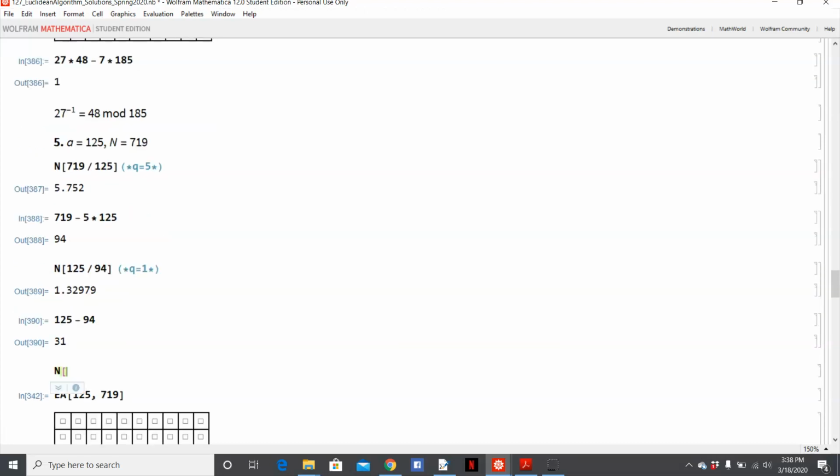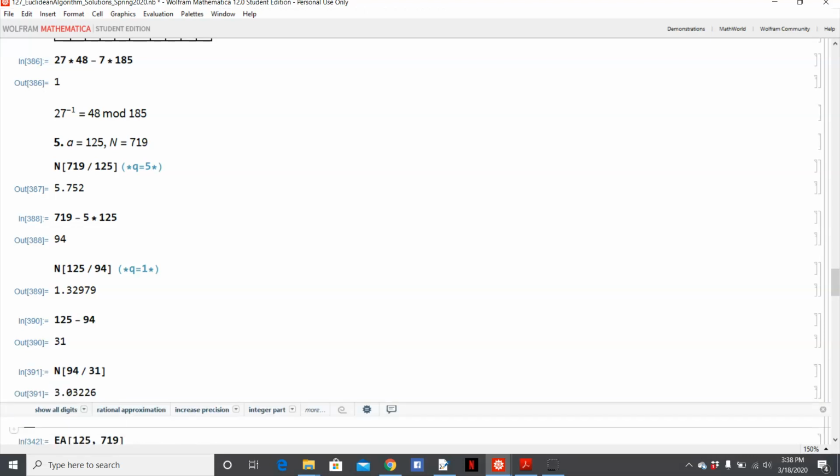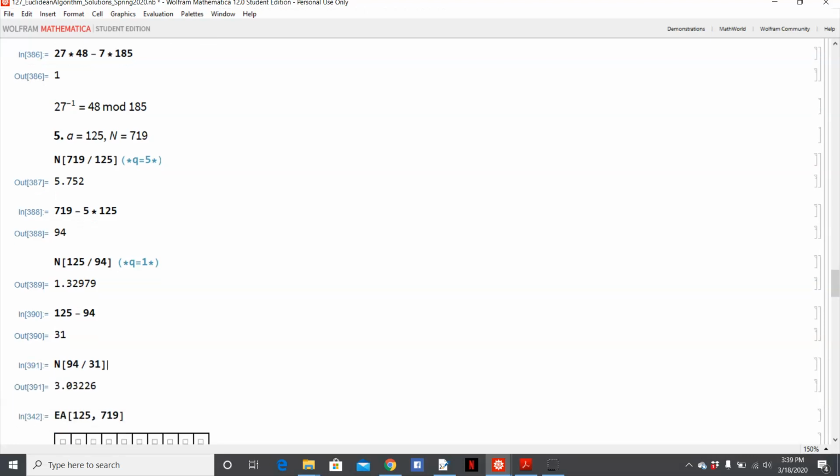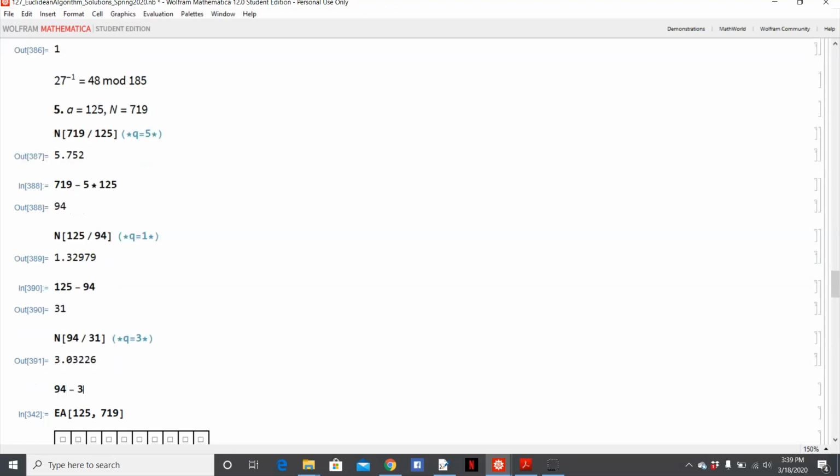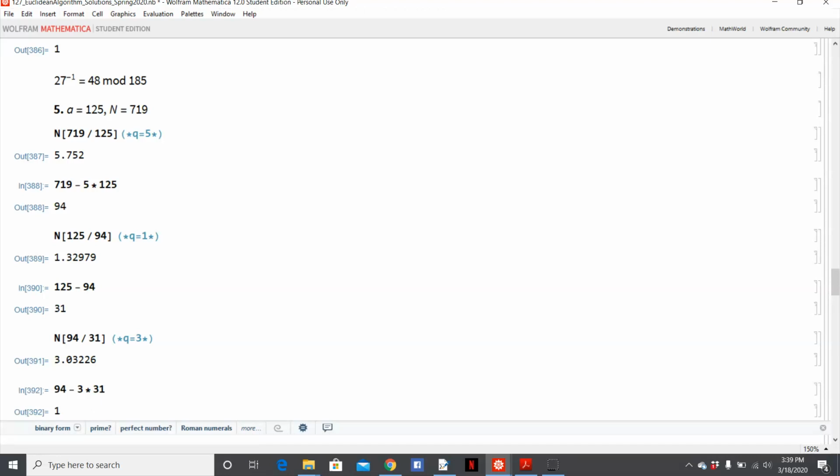All right, then I'm going to take 94 and divide it by 31, which is going to go in 3 times and change. All right, so I get a quotient of 3. And then I take 94 and I subtract 3 times 31, and I get 1.